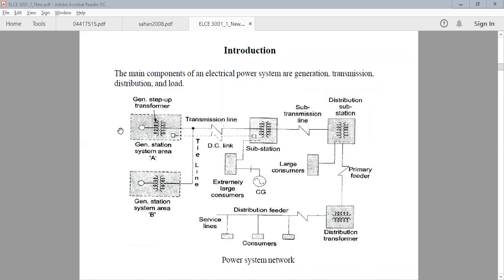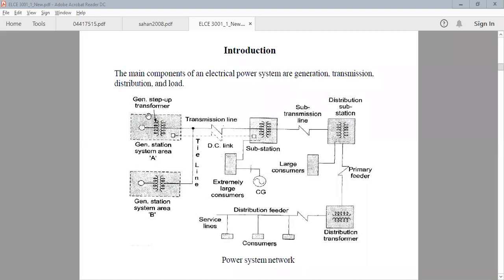In this course we will take only non-renewable, and in the other course we will take the renewable. So generation systems, we may have diesel, hydroelectric, solar panels, wind turbines, geothermal.